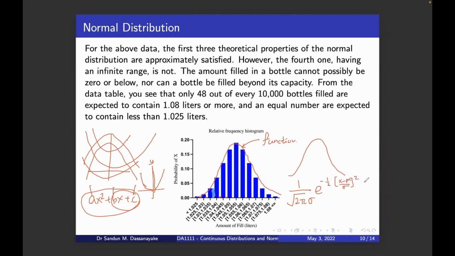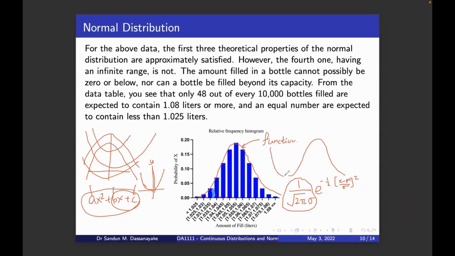So this is the function. So x minus mu divided by sigma square times negative half, this whole expression to the power e, and that is multiplied by this coefficient, 1 over square root 2 pi sigma.